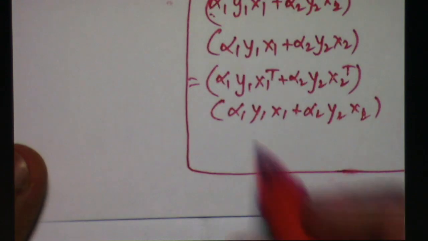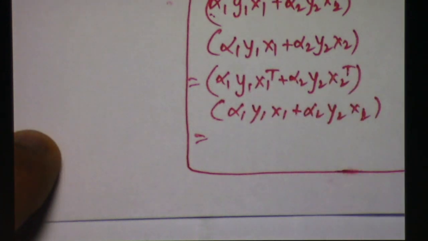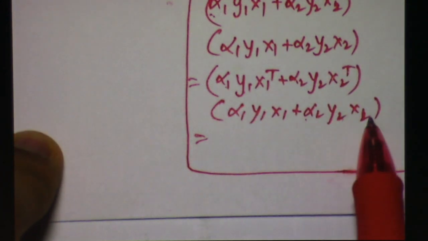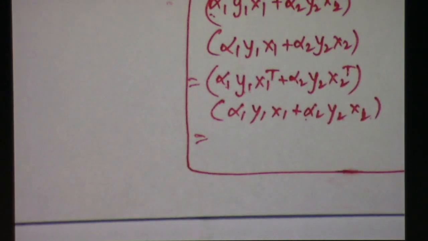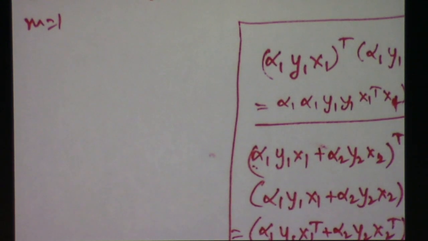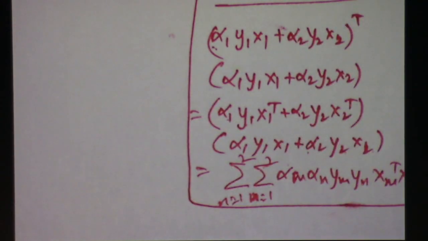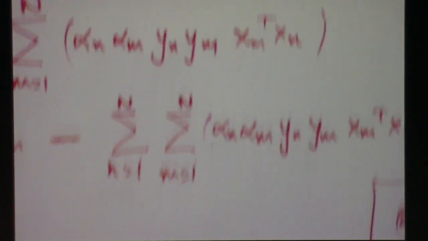If you multiply them, you get alpha 1 y1 x1 transpose x1 plus alpha 1 y1 alpha 2 y2 x1 transpose x2 and so on. This can be written as just a summation of alpha m alpha n y m y n x m transpose x n, where m goes from 1 to 2 and n goes from 1 to 2. This is just to show how it works out, but you can expand it for a general case.